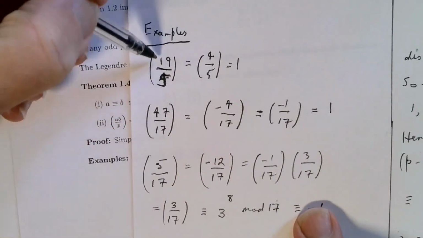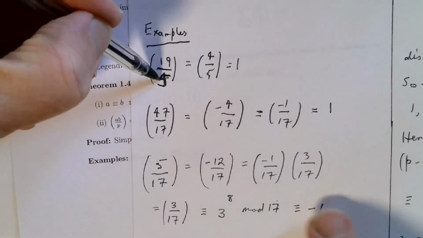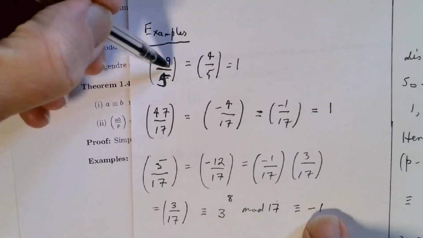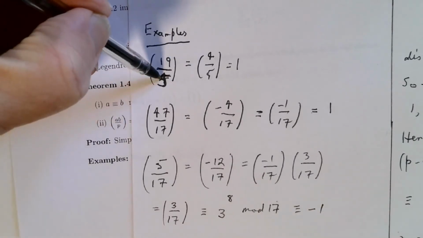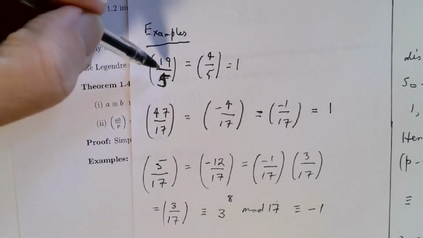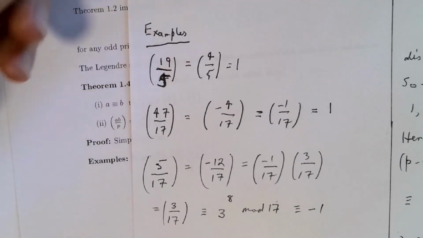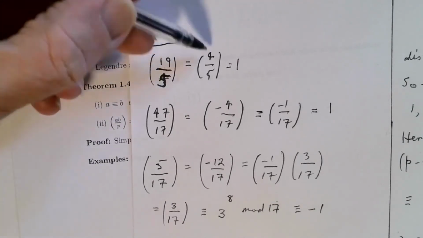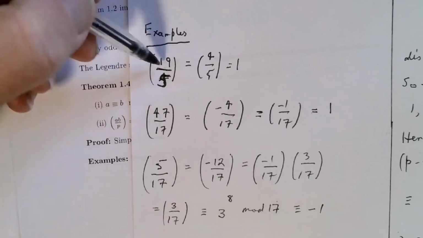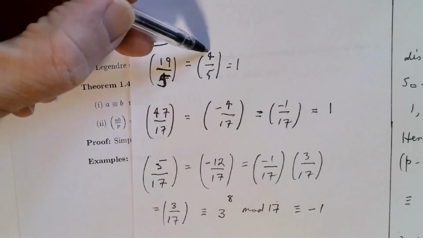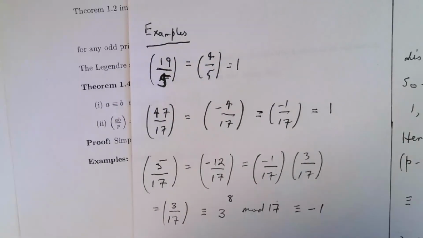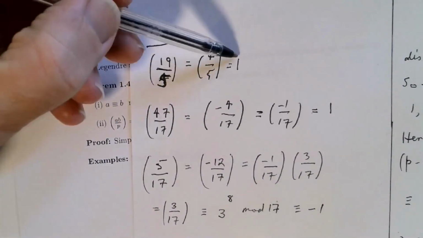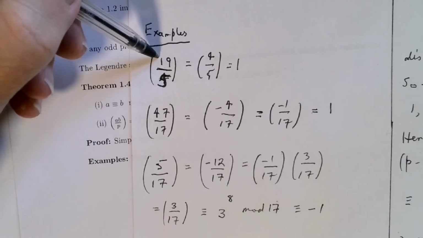I've got 19, I'm working modulo 5, so I replace this with something that is congruent to it modulo 5, and this is just going to be the same as 4, because 5 times 3 is 15 plus 4 is 20. Now I'm finished, because 4 is obviously a square, it's 2 squared. So the value of the Legendre symbol is 1. So 19 is a square modulo 5.